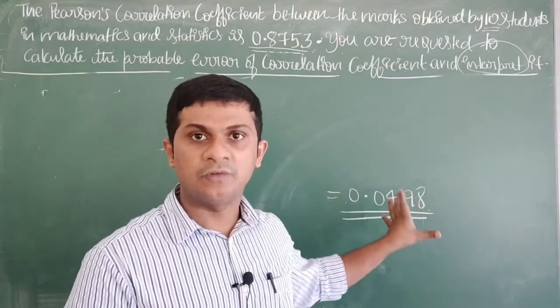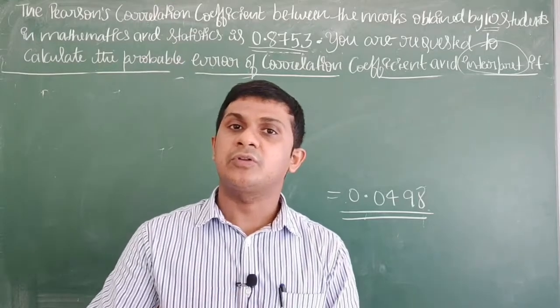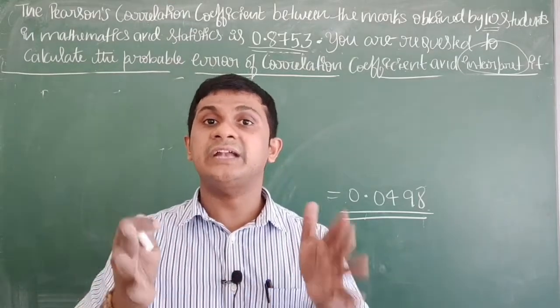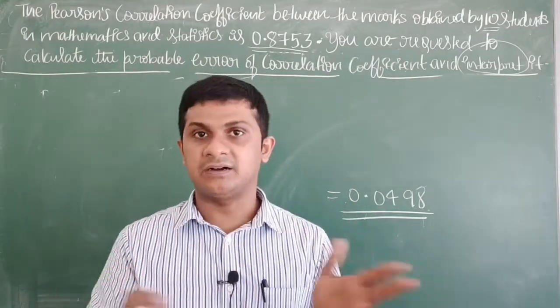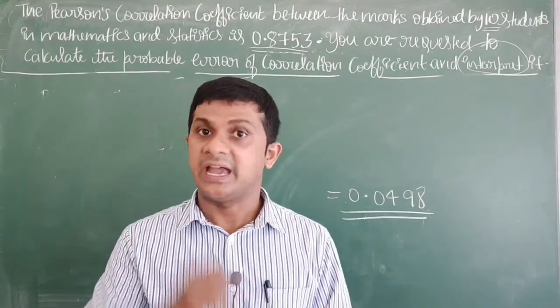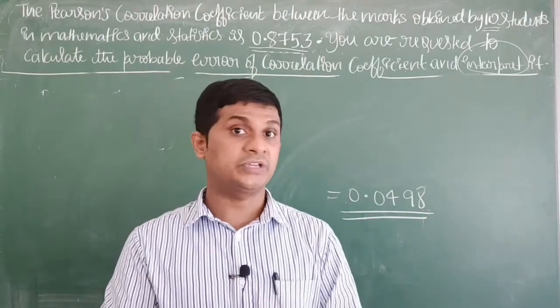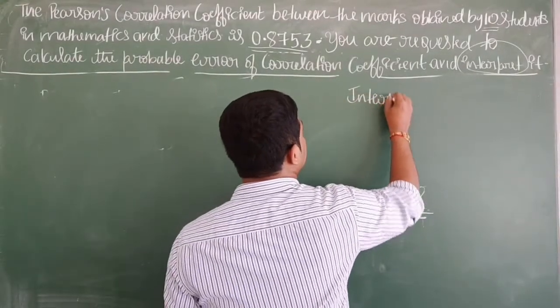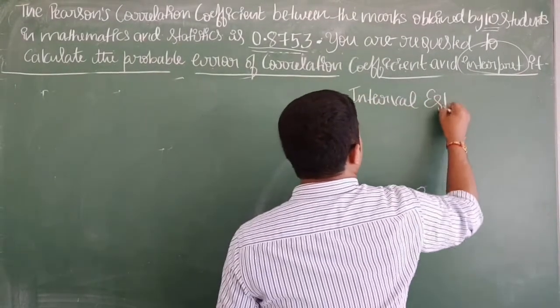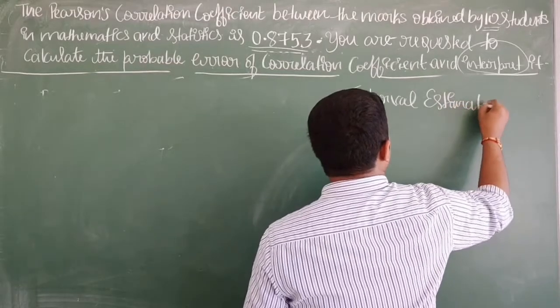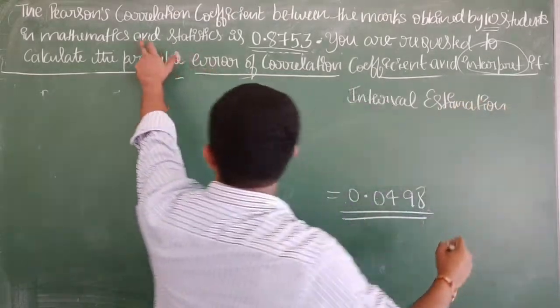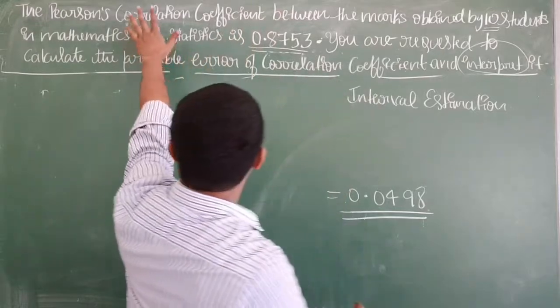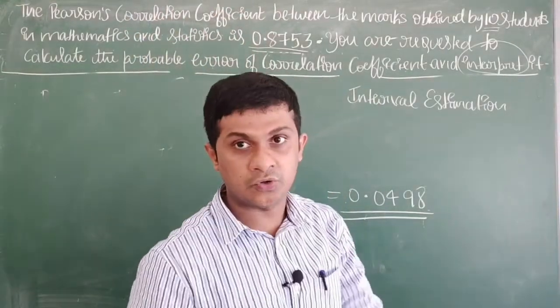Using this value of probable error, we need to calculate another value that will help us in interpreting the population parameter. And the value which I am referring to here is the interval estimation of correlation coefficient.